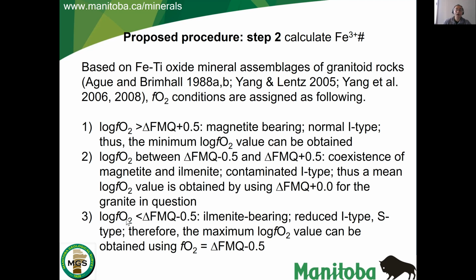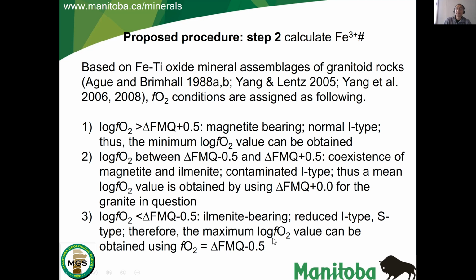And if the oxygen fugacity is lower than FMQ -5, that is ilmenite bearing granites, as magnetite is absent. These are usually the reduced granites or S-type granites.